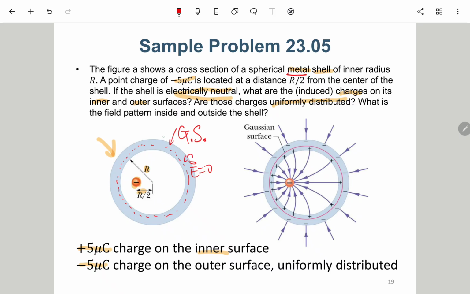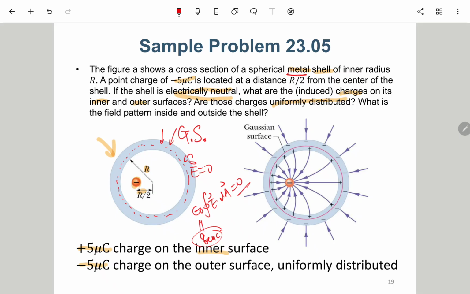Which means that over this Gaussian surface, all the E field is 0. So the integral of E dot dA must be 0, multiplied by epsilon naught is also 0. According to Gauss's law, the Q enclosed for this Gaussian surface is also 0.